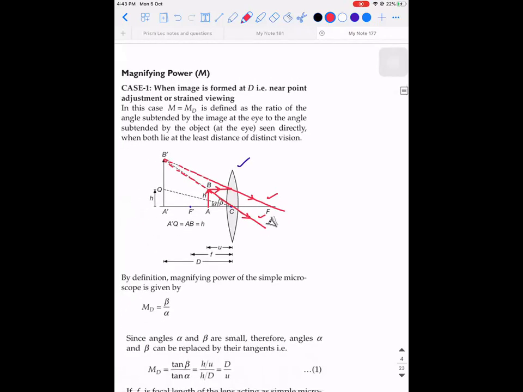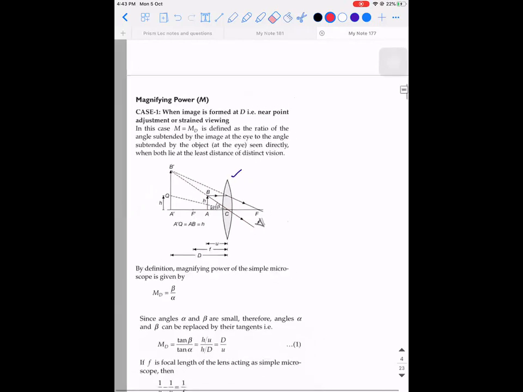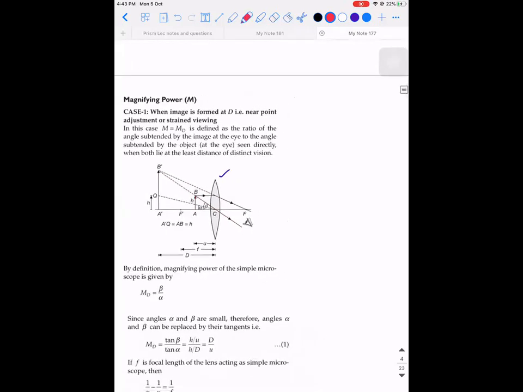Now observe an important point. When this is the height of the object, if I draw a set of dotted lines, on the image itself there will be some part of the object's height present. If this is the height of the image and this h is the height of the object, you are able to see that hi by h is greater than 1, means it is magnified.